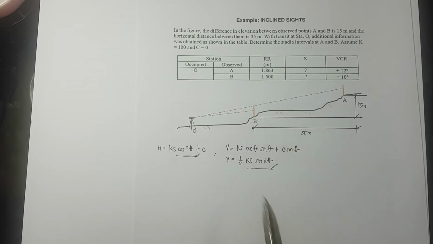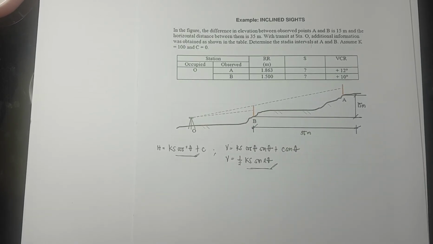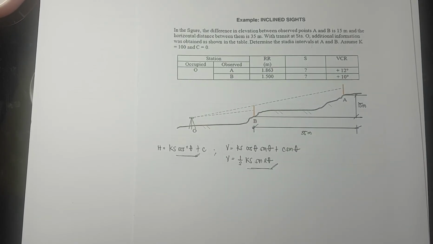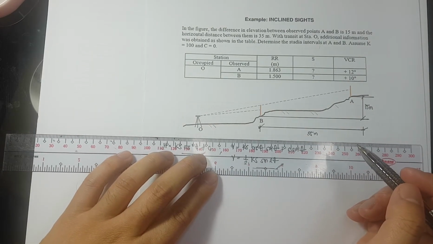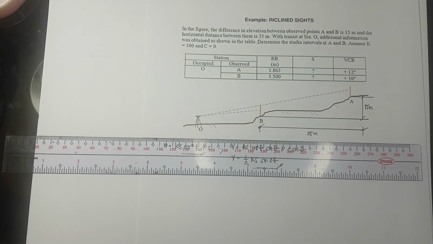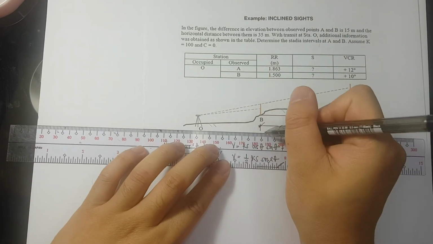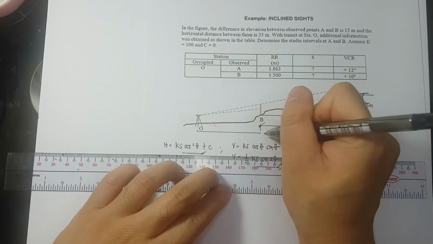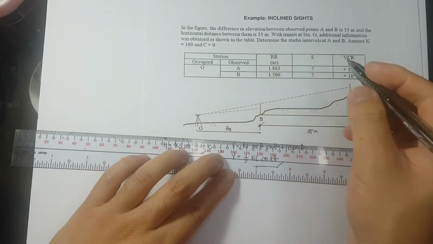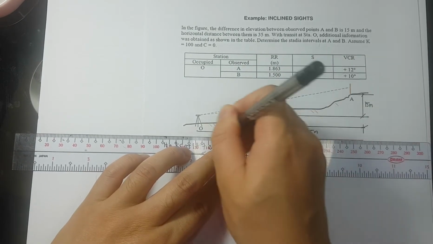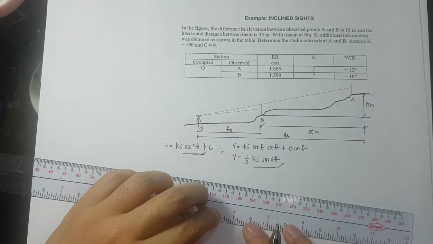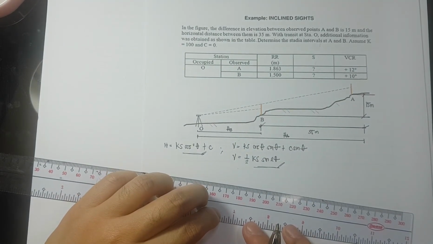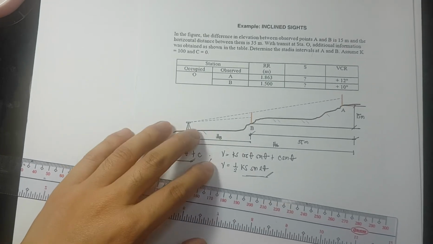So we have two unknowns, so we should have at least two working equations. Okay, so let's start with the horizontal. So let's say this is the horizontal distance B, and this is the horizontal distance A. Then we have here the rod reading.